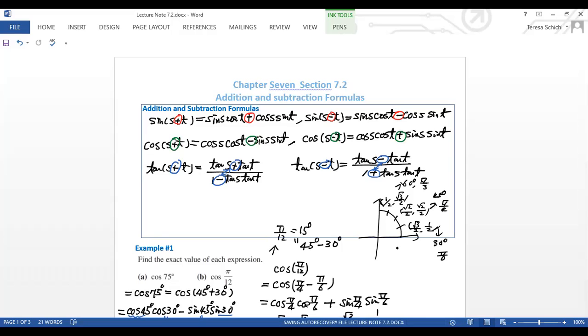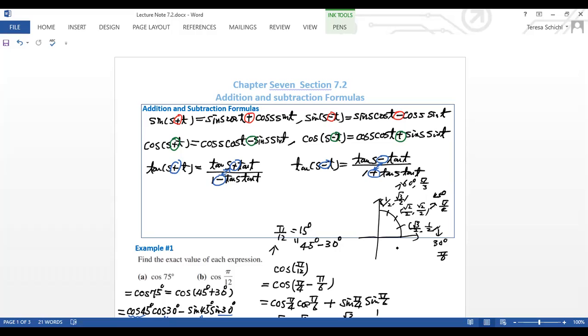Make sure the positive and negative signs are right. We can use these formulas to find angles which are not special angles on the unit circle, like 75 degrees. I can break 75 degrees into 30 and 45, which are both special angles, and then I can find it.